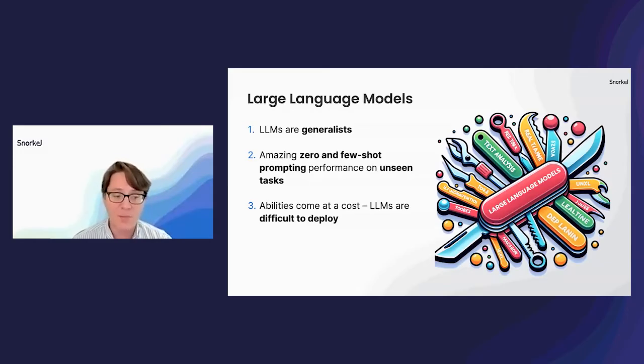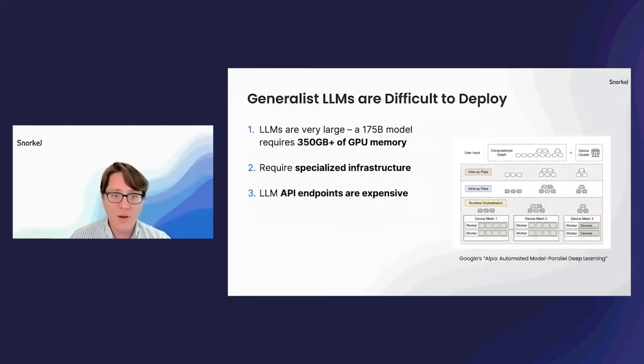And so while exciting, this set of abilities comes at a cost, especially when we think about deploying LLMs in practice. LLMs are very difficult to deploy in no small part because they're extremely large. Just to give some example numbers, a 175 billion parameter model requires at least 350 gigabytes of GPU memory. That's quite a bit of expensive hardware just to run a single model.